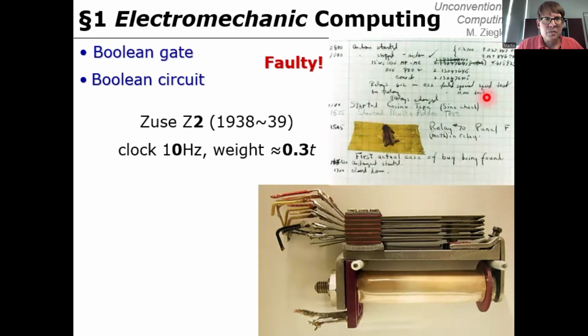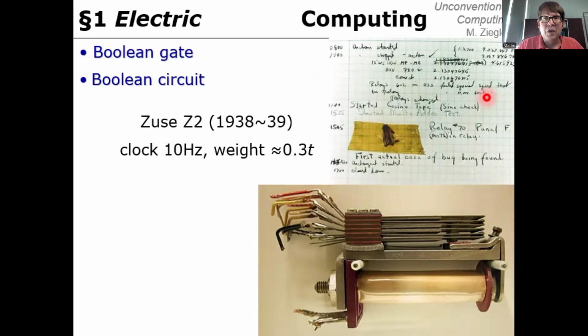So they were still faulty. The reliability was larger than with purely mechanical, but electromechanic computers also had reliability issues that prevented them from scaling up to beyond thousands. The aim was maybe for 10,000s of the relays, but this was not reliable enough for 10,000s to work reliably over a long run of time.